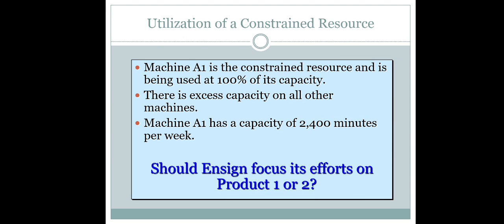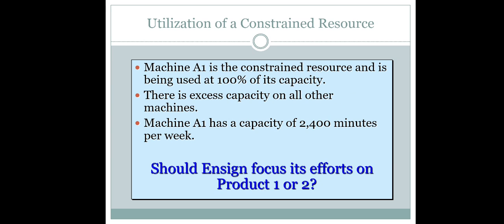Okay, let's see. Machine 1 is the constrained resource and is being used at 100% of its capacity. The company uses a machine called machine A1.